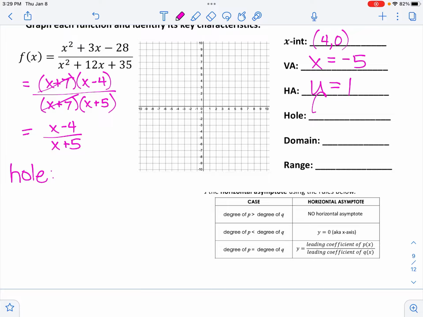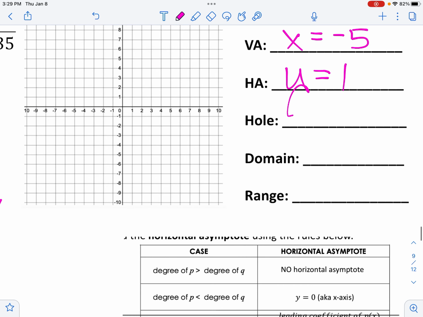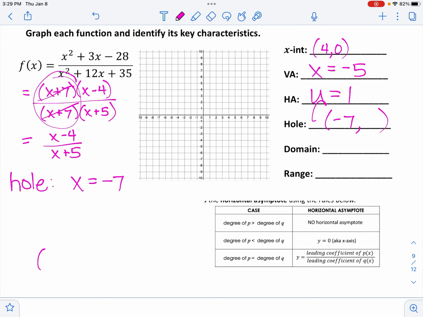Okay. So the common factor that we took out was x plus 7. So that's when x is equal to -7 is when I'm going to have a hole. So I know that I have a hole at, I could write it over here, -7 comma something. Okay, so now when I plug in -7 into this, what do I get?